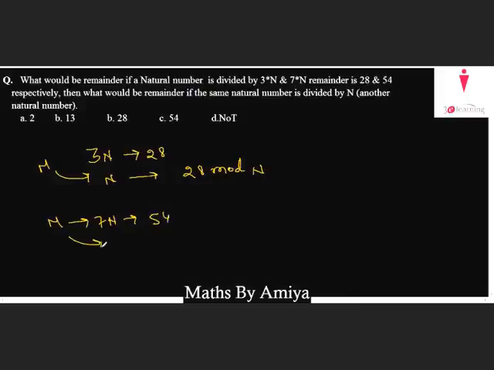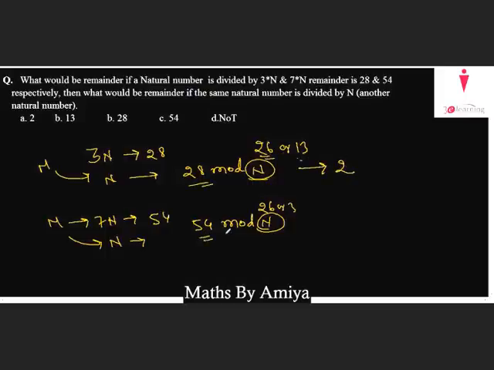When the same m is divided by n, the remainder would be 54 mod n. Our n is 26 or 13. So 28 divided by either 26 or 13, the remainder is 2. 54 divided by 26 or 13, the remainder is 2. So there is no ambiguity. Our final answer is 2.